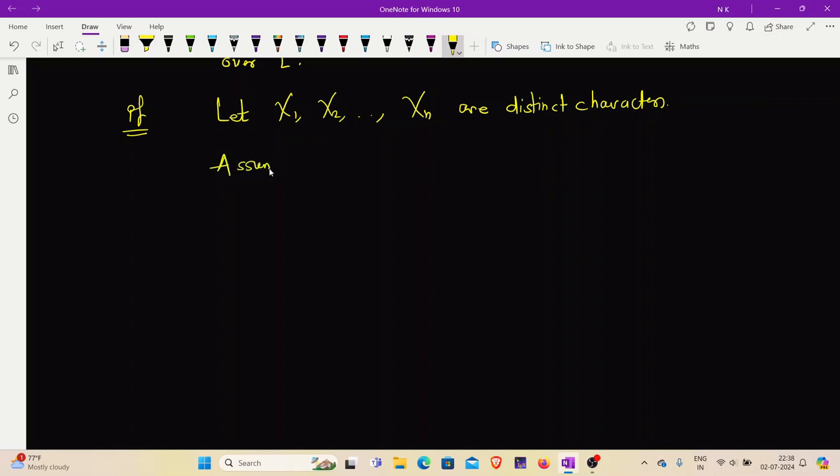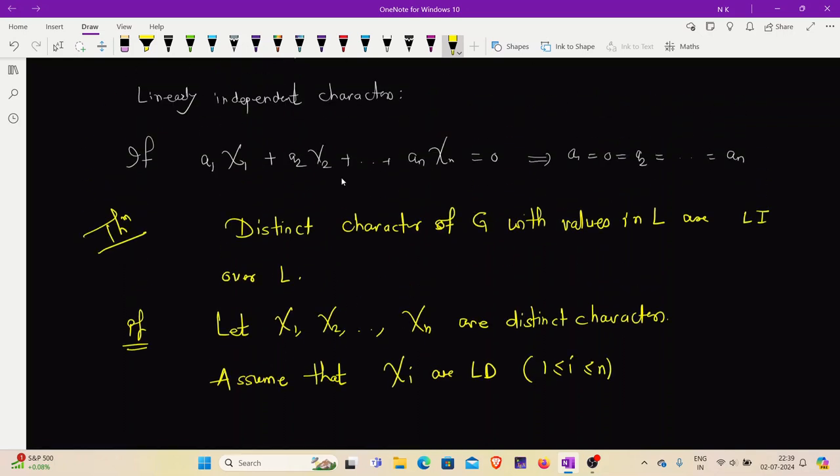Assume that all these characters chi i, where 1 is less than or equal to i is less than or equal to n, are linearly dependent. Now, since they are linearly dependent, obviously their linear combination is 0 where all these scalars are not 0. Because if the linear combination is 0 and all these scalars are 0, that means the characters are linearly independent.